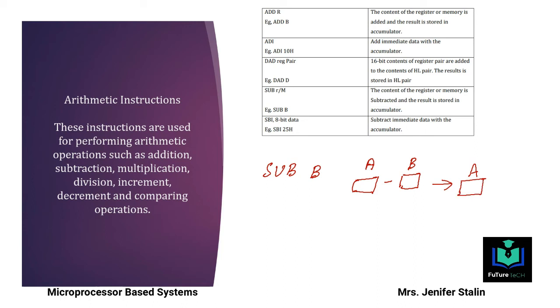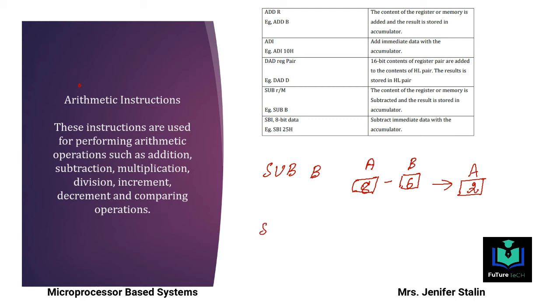Let's say the content is 8 in the accumulator. It is subtracted with the data 6. 8 subtracted with 6 will give you 2.